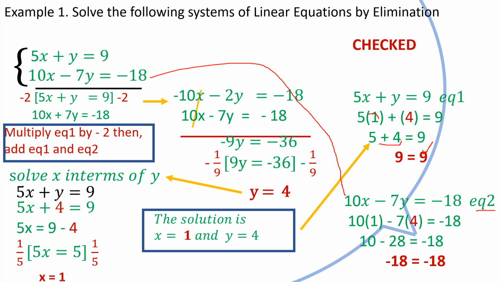Then, again, palitan po natin yung x ng 1 and y ng 4. Then simplify, that is equals to 10 times 1 is 10. Negative 7 times 4 is negative 28. Then we have, negative 28 plus 10, that is equals to negative 18. Dito sa kabila, bring down, negative 18, check.